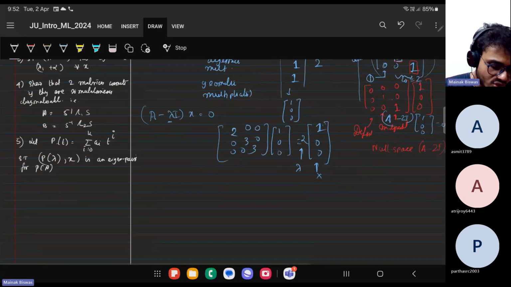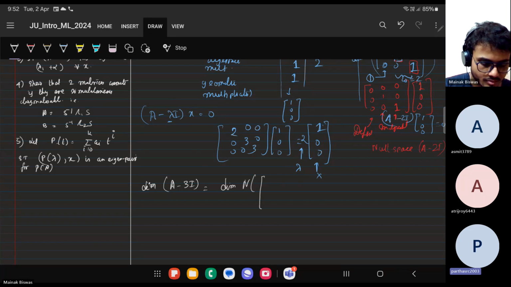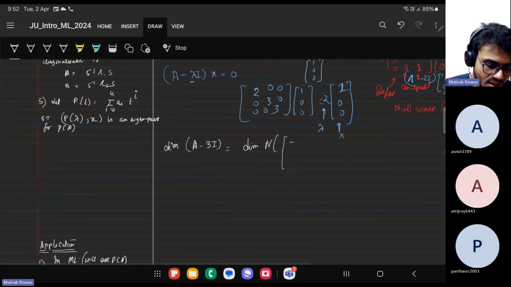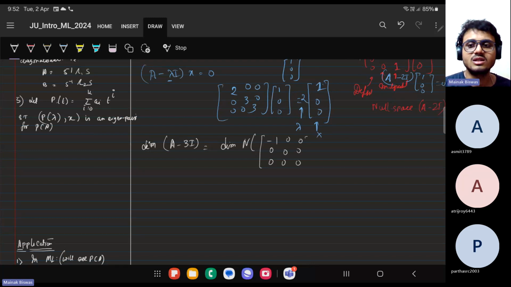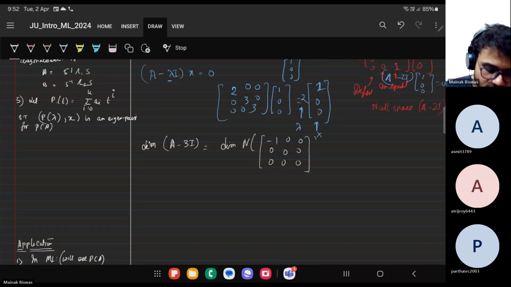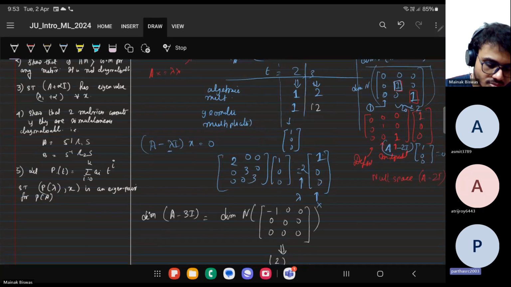Similarly, now if I take A minus 3I, what will happen? Minus 1, 0, 0, everything else is 0. Right? Now, what is the rank of this matrix? The dimension of the null space is 2.